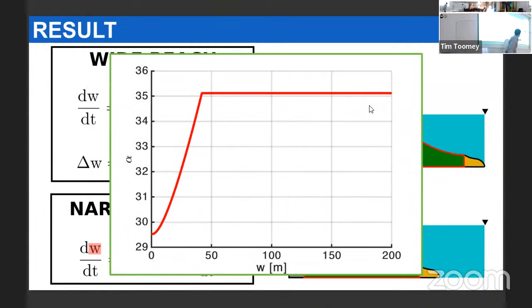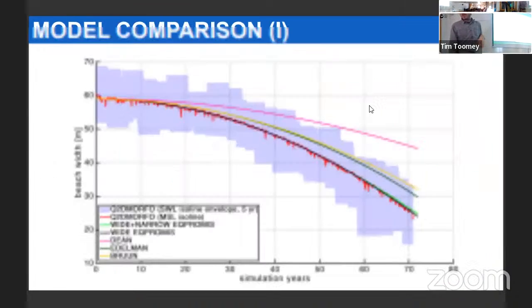So you see that when the beach is wide enough, it's constant, but when the beach starts to get narrower, it starts to change. So it means that now the beach responds differently to the same amount of sea level rise. So now if sea level changes, let's say 1 meter, then the beach shoreline will move slower than it did before. So we have to take into consideration this change in behavior of the beach.